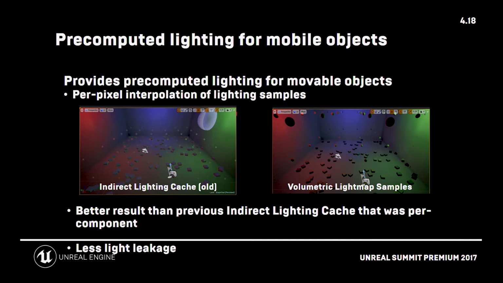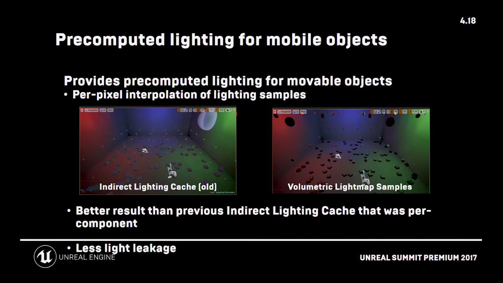On the right-hand side, the individual spheres represent the volumetric light map samples.